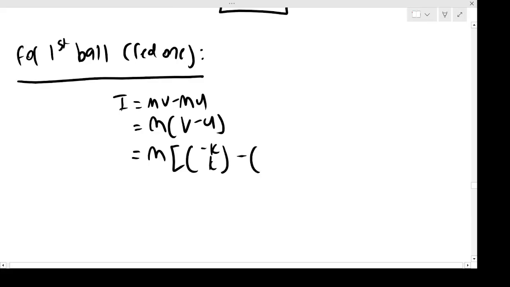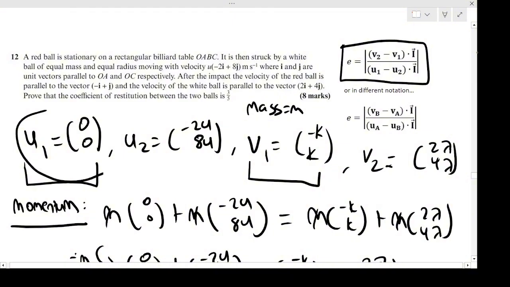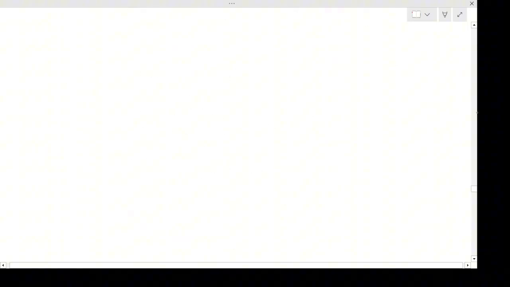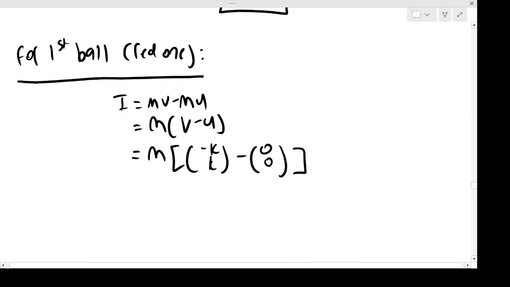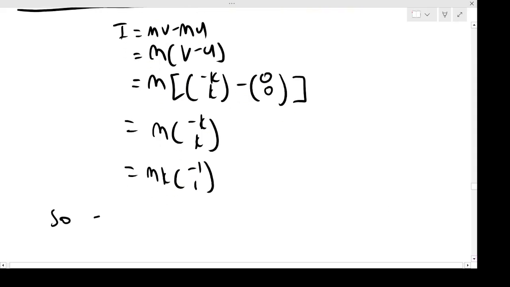Then I'm going to take away u, which, as I said, the initial velocity for the first one is 0, 0. And so that goes to m lots of minus k, k. And actually, I can pull out a k. So it'd be mk lots of minus 1, 1. And now you can see the vector we're going to take. My direction vector for the impulse is just minus 1, 1. Hopefully you can deduce that.